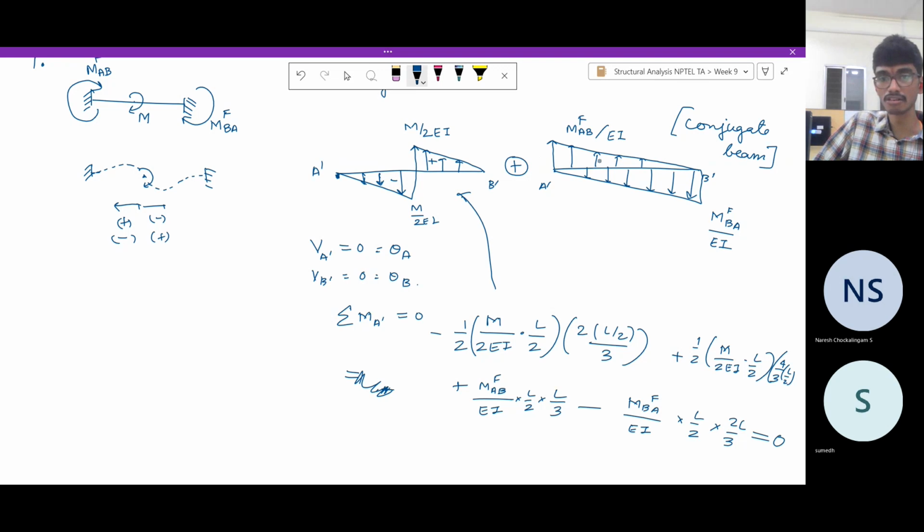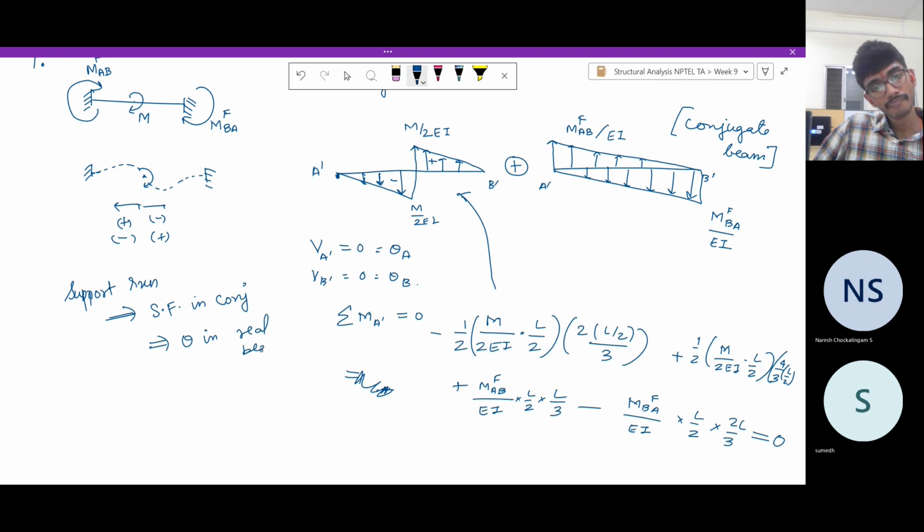Support reaction will cause a shear force in the conjugate beam, which means there is a theta in the real beam, which is wrong. So the total upward force should be equal to the total downward force, which means M_AB^F is nothing but M_BA^F in magnitude. If these two are equal, then there need not be any support reaction. So the slope condition will be automatically satisfied.